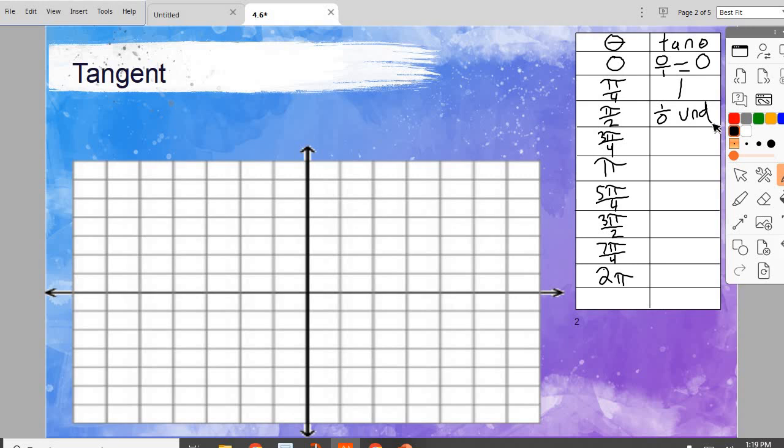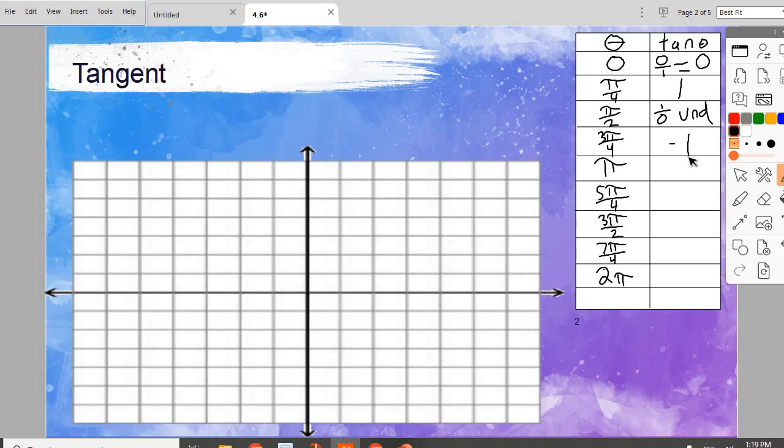What about at 3 pi over 4? Both of them are still going to be square root of 2 over 2. But now that we're in our second quadrant, what happens? Yeah, cosine is negative, which means that tangent is going to be negative, so we get negative 1.